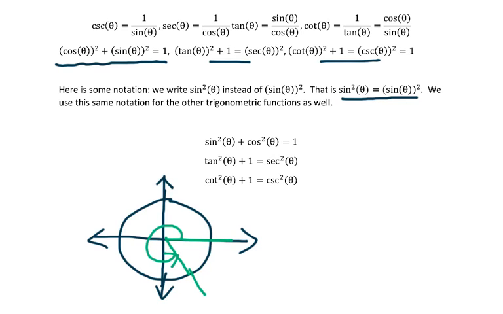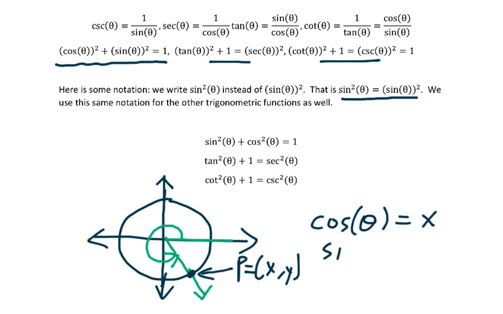Again, it doesn't have to be in this quadrant. But anyway, this point P over here is going to have coordinates x, comma, y. And really by definition, cosine of theta is equal to x, and sine of theta is equal to y.